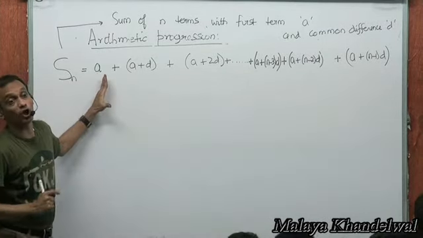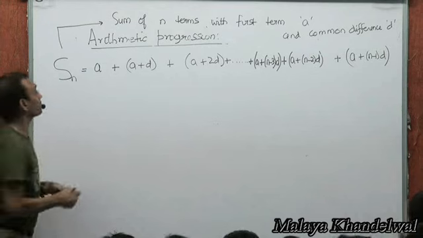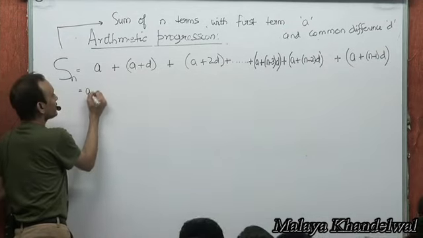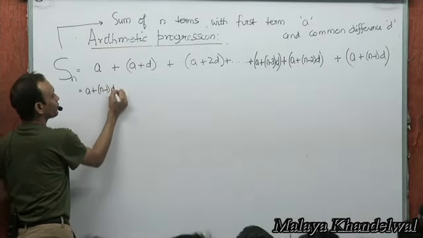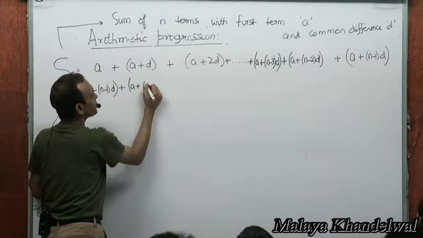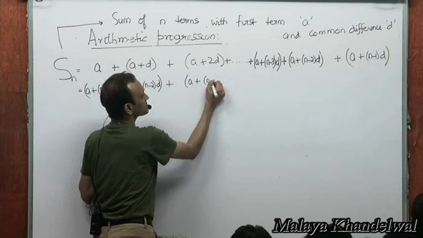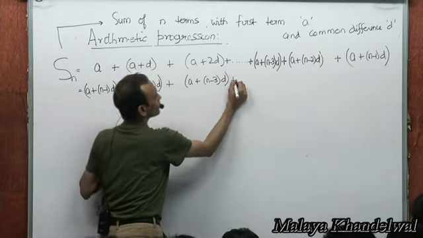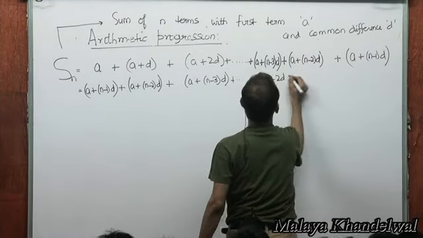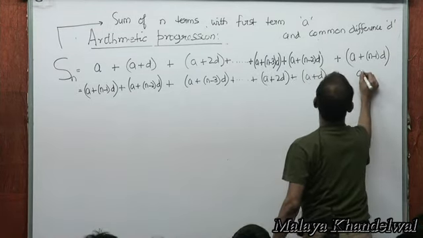Now the sum will not get altered if I write the set of numbers in the reverse order. The sum will remain the same, right? So the last term first I write: A plus n minus 1 into D. The term prior to that is A plus n minus 2 into D. Then A plus n minus 3 into D. Yes or no?